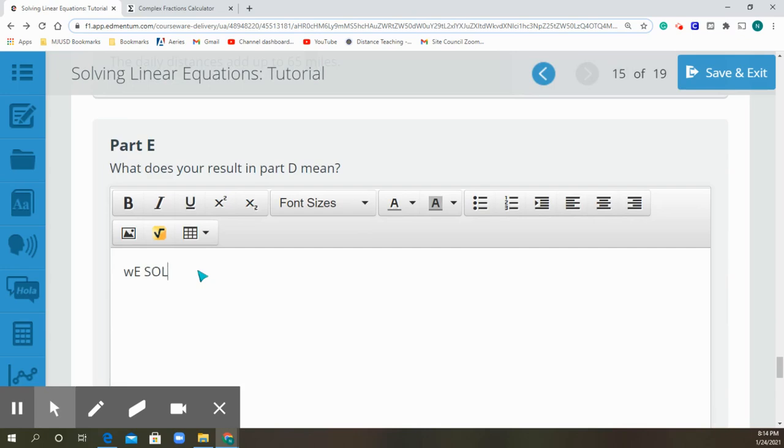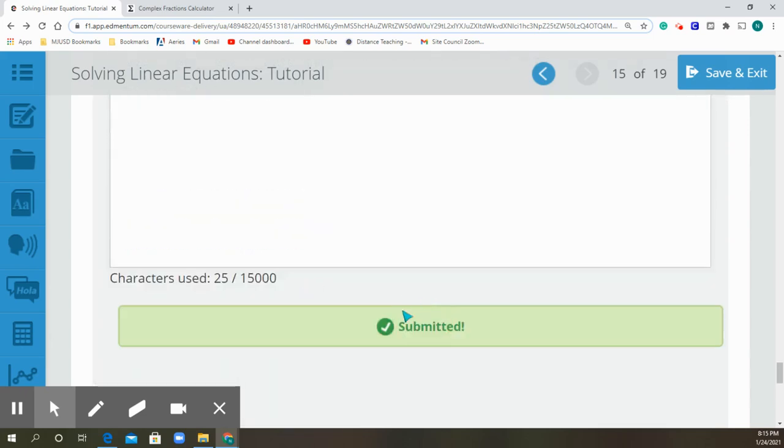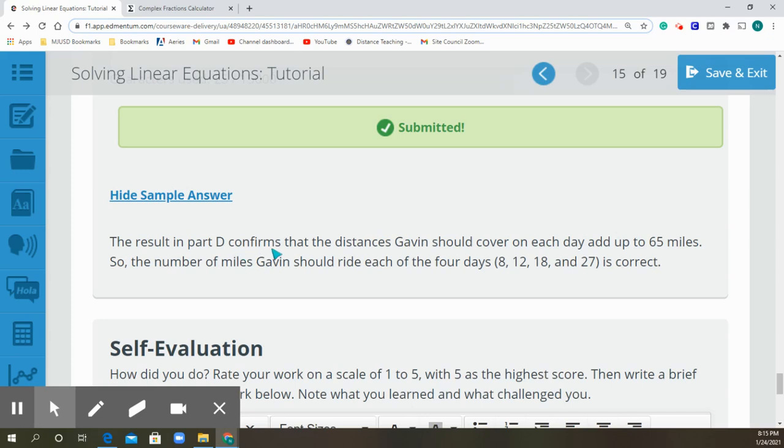We solved for x correctly. The result from part D confirms that the distances Gavin should cover on each day add up to 65 miles.